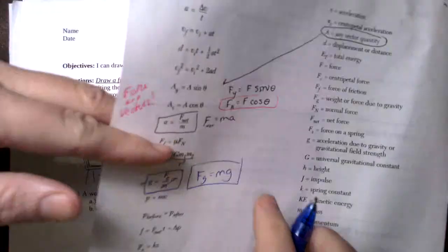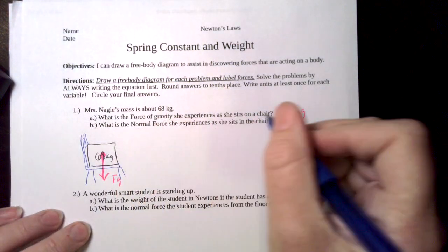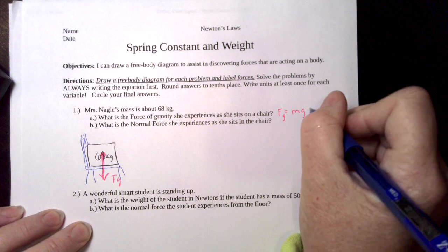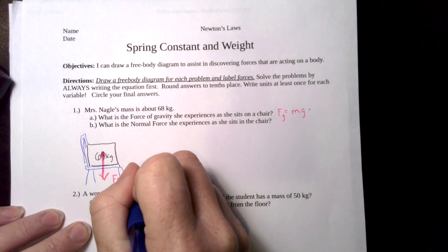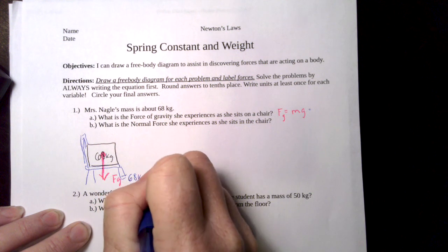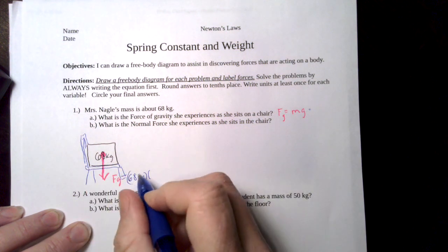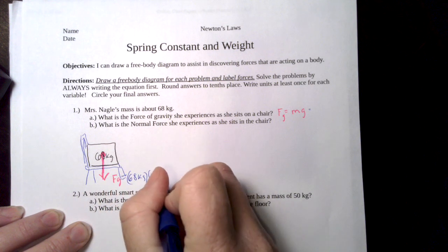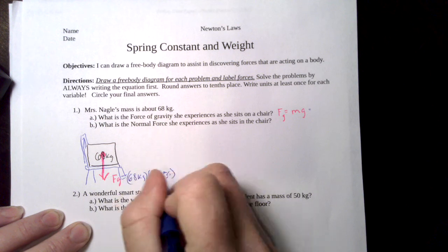Okay, so that's what we're going to use. Force of gravity equals mg. And let's put that down. I can actually write it right here. It's going to be 68 kilograms times, now you could put negative 9.8, and that makes it pointing down, and that's ultimately what we want.